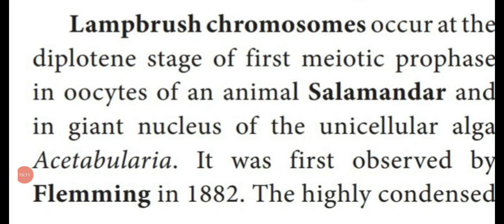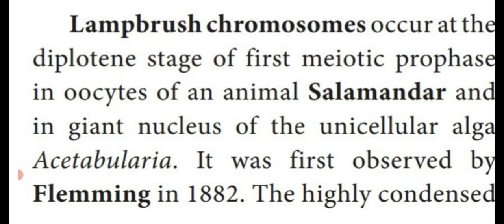Another type of giant chromosome is the lampbrush chromosome. This chromosome occurs in the diplotene stage of the first meiotic prophase in oocytes, that means the egg, of an animal, the salamander. It's a kind of lizard. It is also found in the giant nucleus of the unicellular alga Acetabularia.